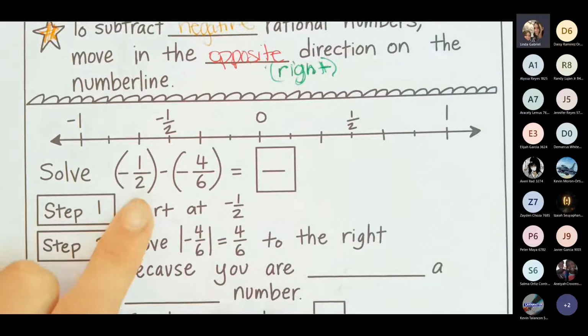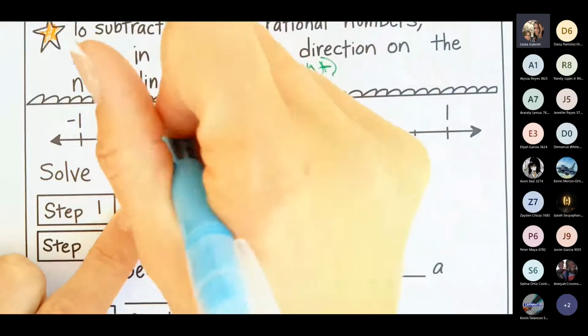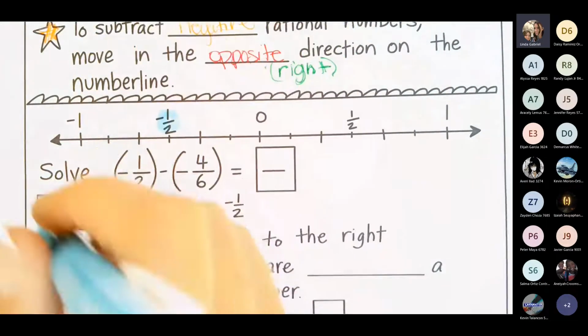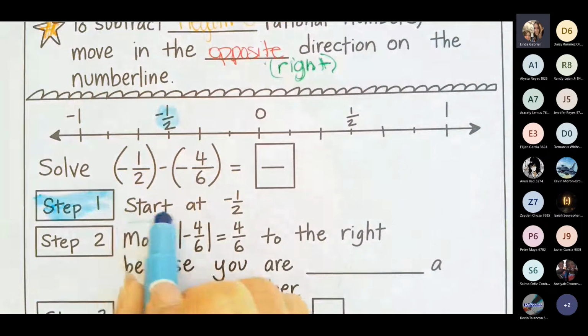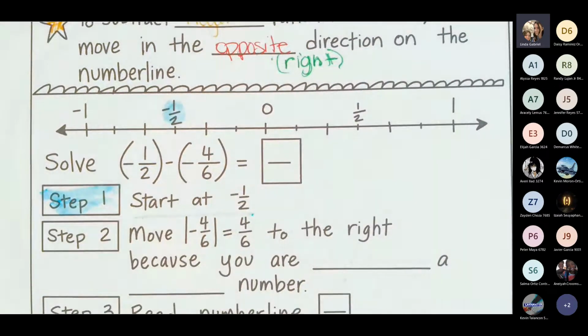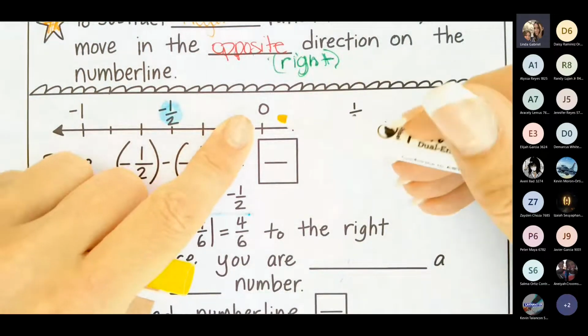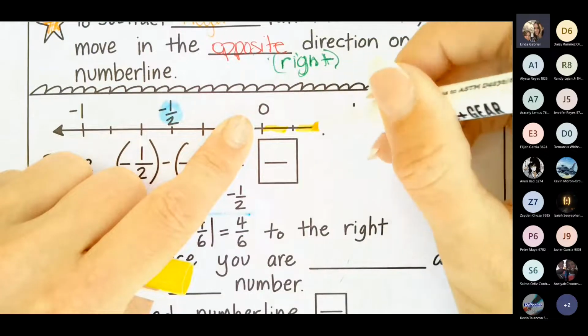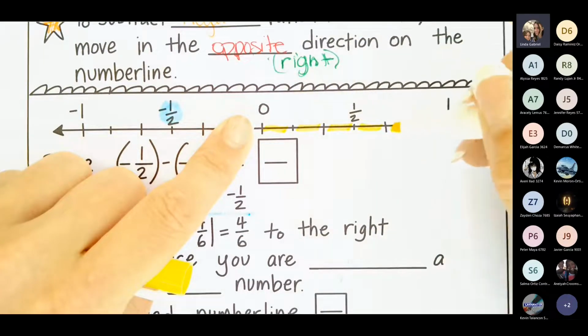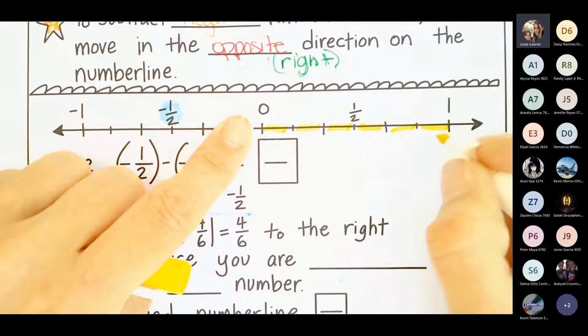So I have -1/2. So I'm going to start here at my -1/2, right? It's my step 1. For my number line, I need to make sure that I can read the number line properly. I need to make sure I know what each little line is worth, what its value is. So from 0 to 1 is divided into, let's see, 1, 2, 3, 4, 5, 6 sections, right?